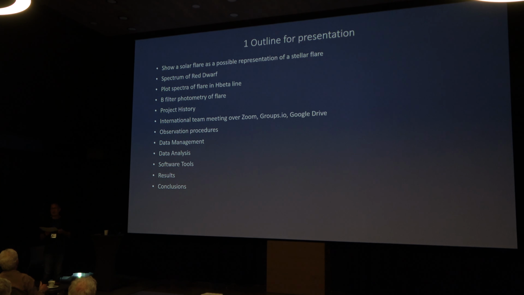Okay, so just to put into some context what it is we're looking at, this particular star, EV Lac, is in the constellation of Lacerta, near Cassiopeia, and this is an artist's representation of what they think this red dwarf looks like.